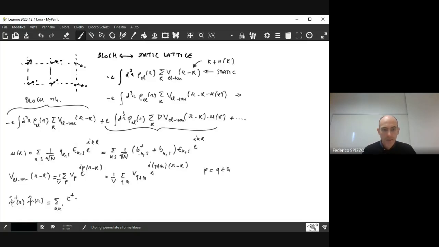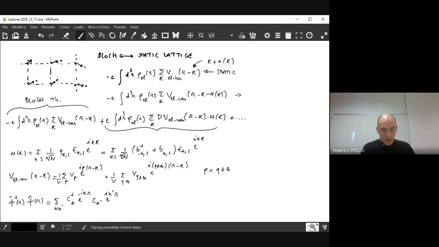In this case, we have the creation operator for wave vector k times e to the minus i k r, and then we have c, the destruction operator for k prime, e to the i k prime r.